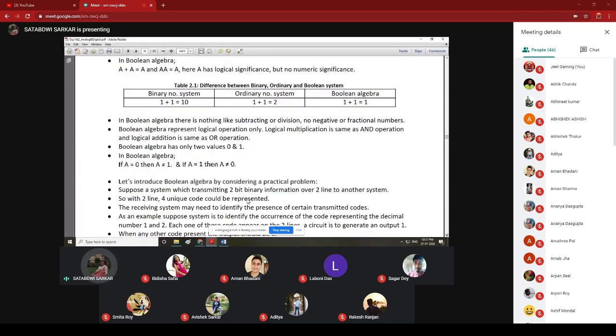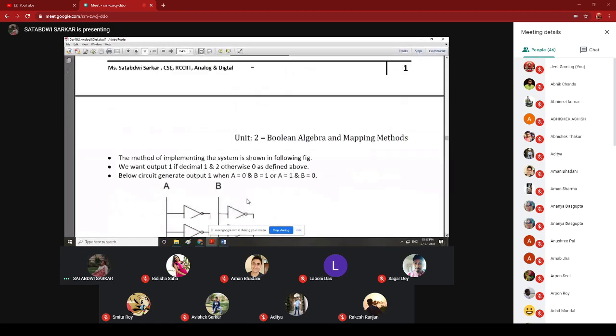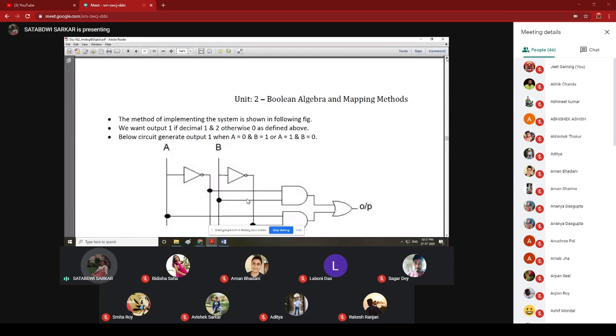Then we will start Boolean algebra from tomorrow. Have you practiced the assignment that I have given to you?